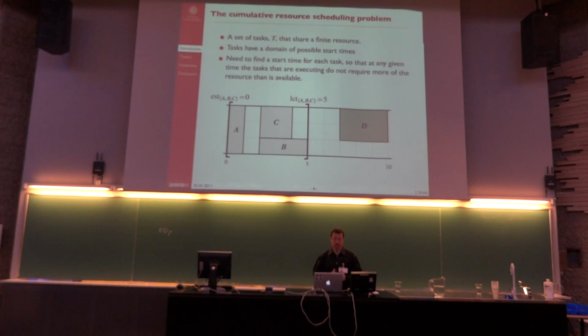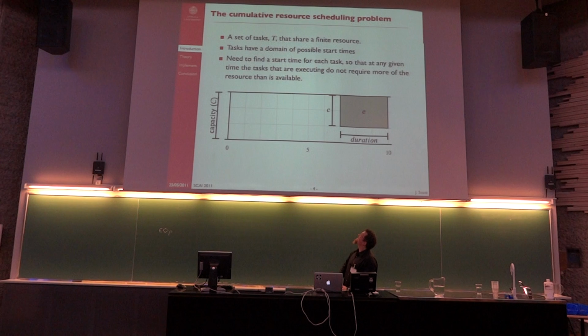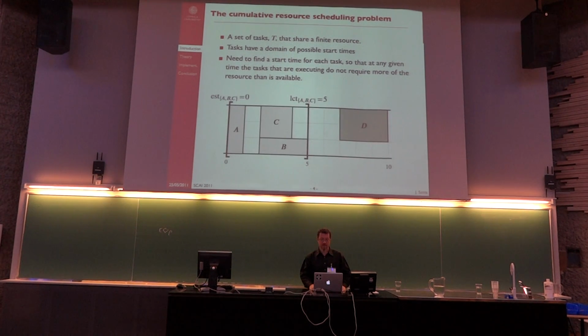And furthermore, the energy of the task, which I forgot to mention. For an individual task, we have the duration and also the capacity requirement. The energy of the task is simply the product of these two quantities, so the area of the task on the graph. And for sets of tasks, the energy of the set is simply the sum of the energy of all of the individual tasks.